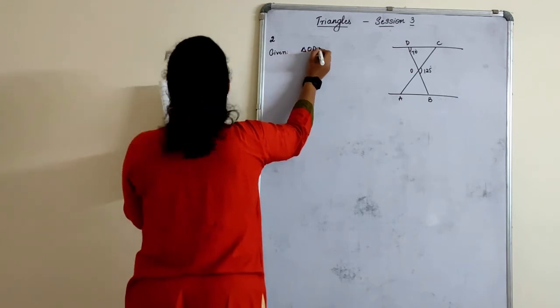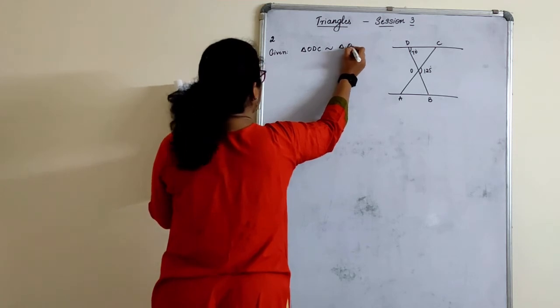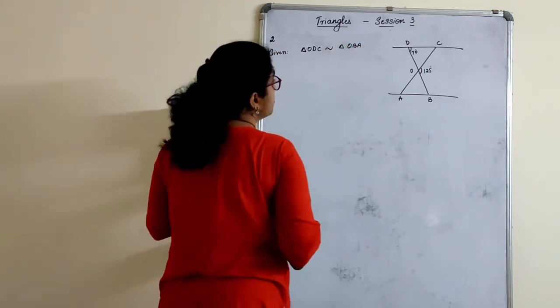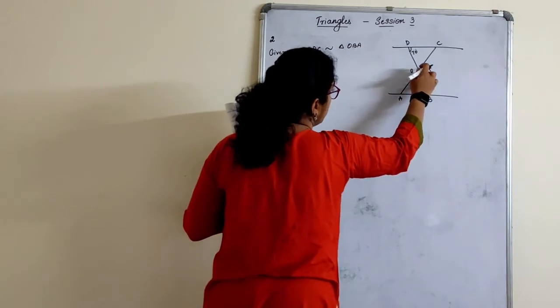Triangle ODC is similar to triangle OBA.